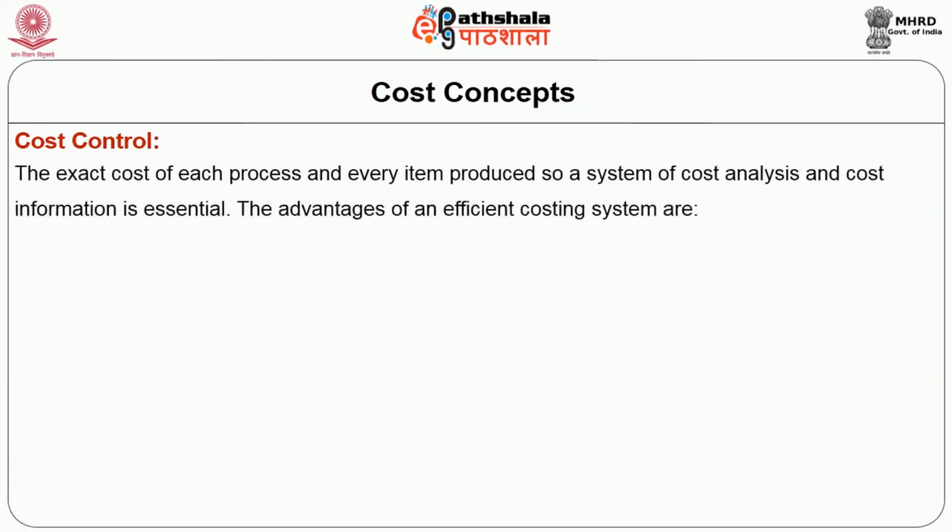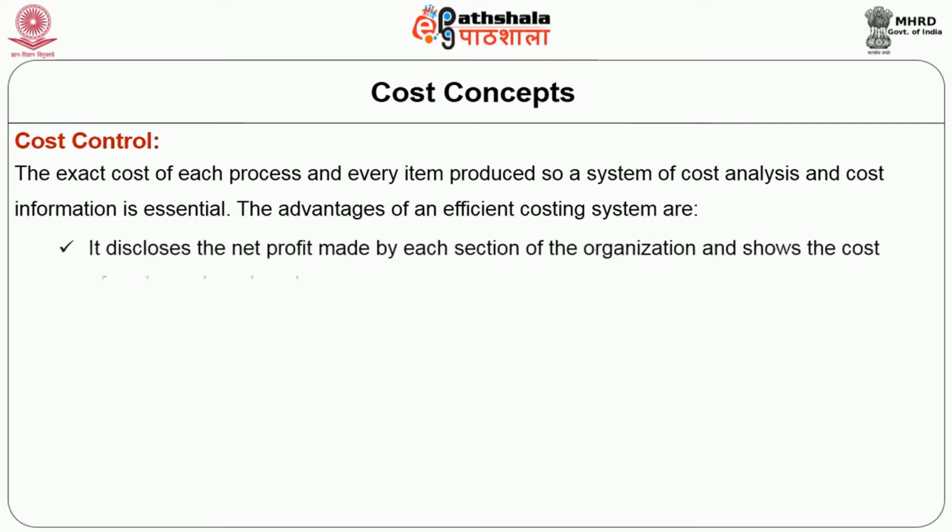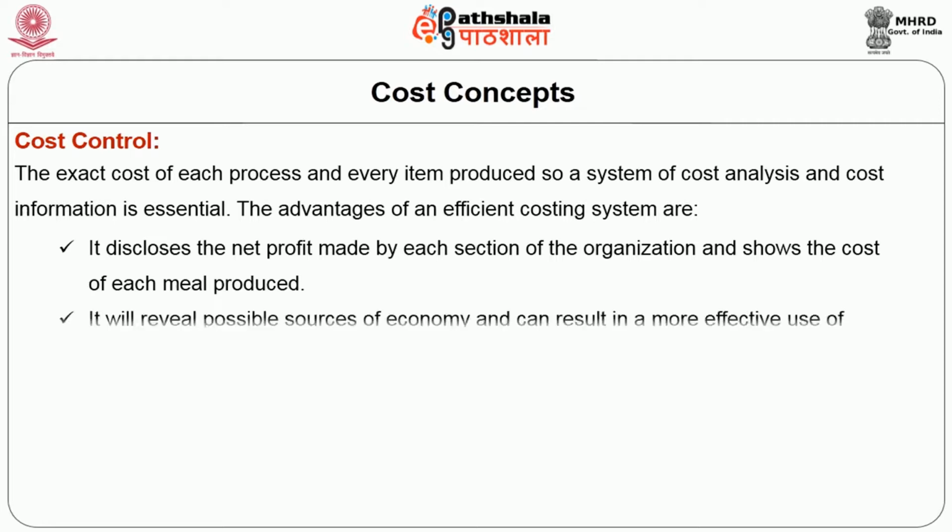It is important to know the exact cost of each process and every item produced, so a system of cost analysis and cost information is essential. The advantages of an efficient costing system are: it discloses the net profit made by each section of the organization and shows the cost of each meal produced.